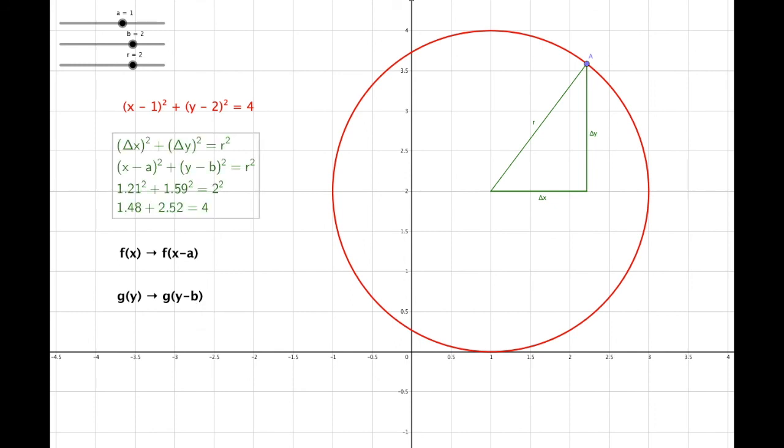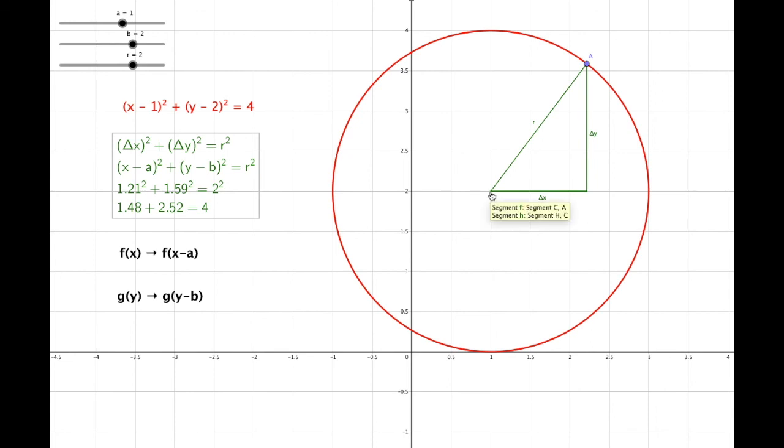Now if we bring in the calculation box in green, we've added another line there, because the change in x is actually the x coordinate of a, take away the little a that we have.